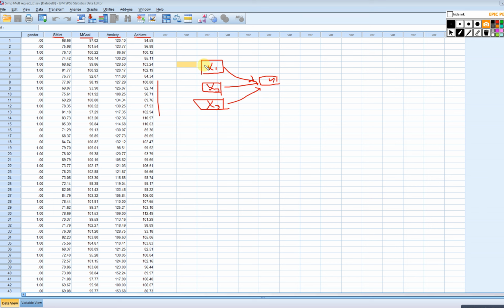So just think about subject matter interest as x1, mastery goals as x2, and anxiety being x3, or the third predictor variable. And again, achievement is our y variable, and that's the variation that we're trying to predict.